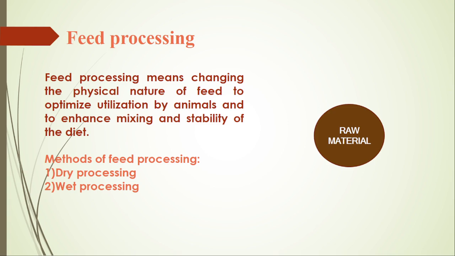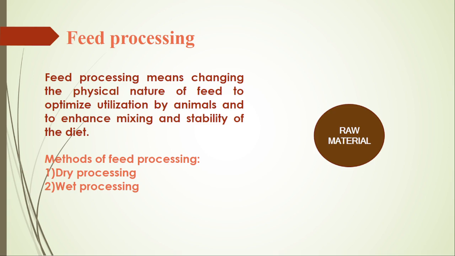When we look at a grain like sorghum, it has the lowest digestibility for poultry fowls, but when it is processed, it provides great nutrients and benefits greatly from processing methods.